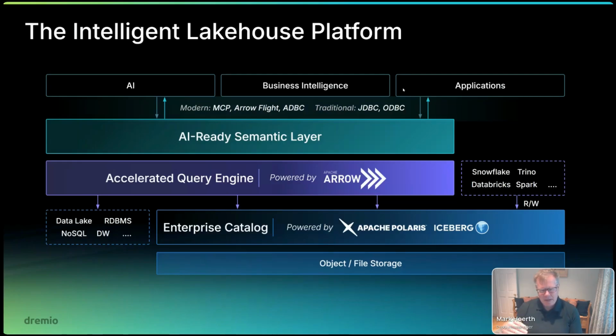Again, reading from the bottom, this picture looks a lot like the last because we have object and file storage at the bottom of any lakehouse architecture. That's really important because your favorite S3 bucket or ADLS bucket or whatever you choose to use for storage is still going to play an important role in the lakehouse. This isn't a subsumption of all the technology to be within a big firewall.